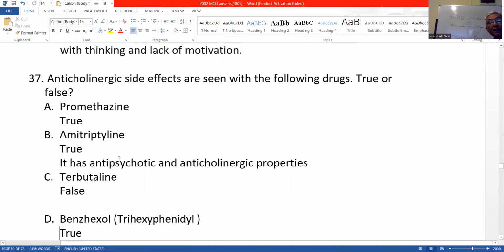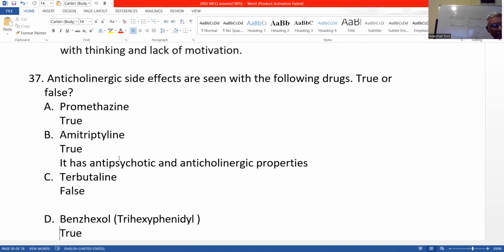Anticholinergic side effects are seen with the following drugs. Anticholinergic effect means dry mouth, reduced secretions, dry eyes, and slow movement.